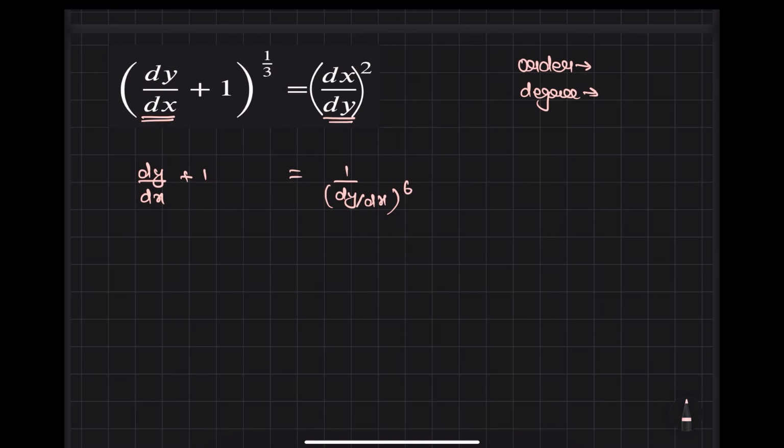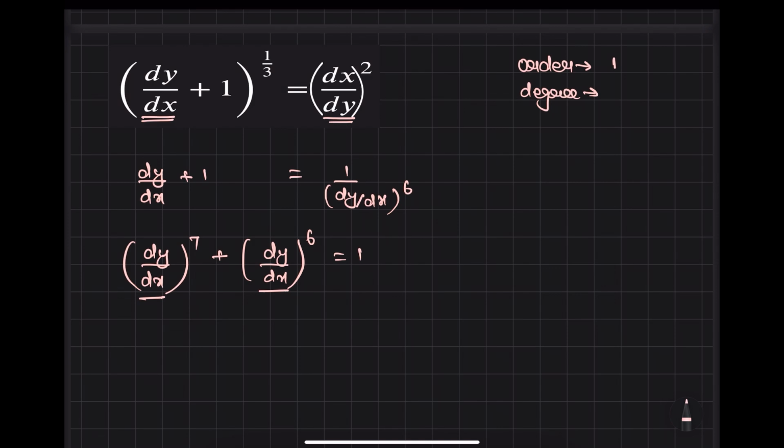Now to write it in standard form, can I write dy by dx power 7 plus dy by dx power 6 equals 1. Now for order, what is the highest differential? It's 1 only. One time here, one time there. So maximum is 1. And what is the degree?